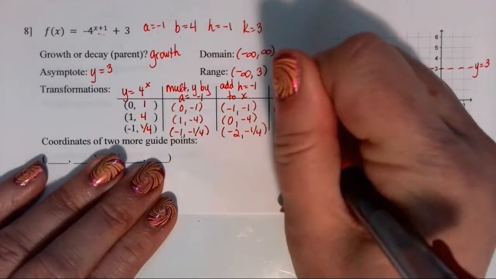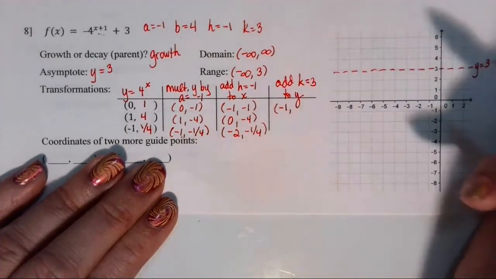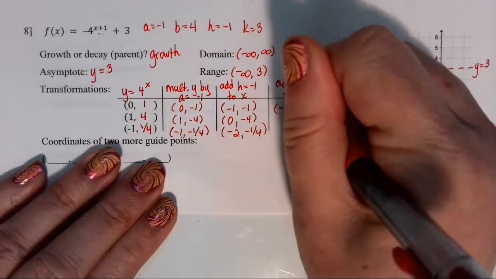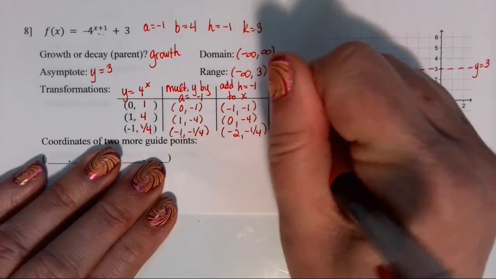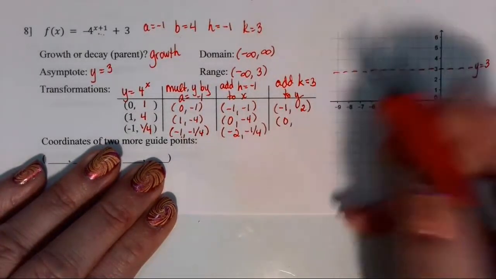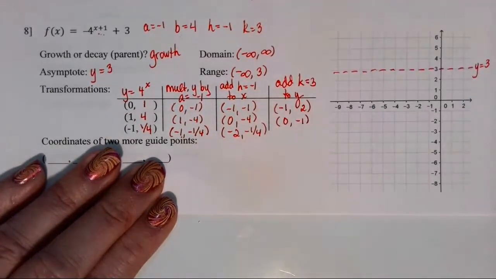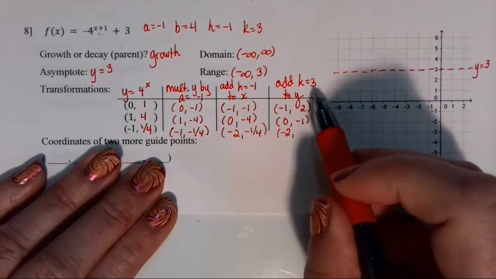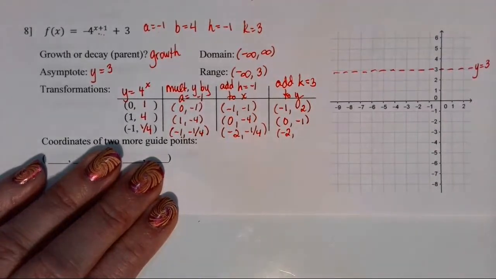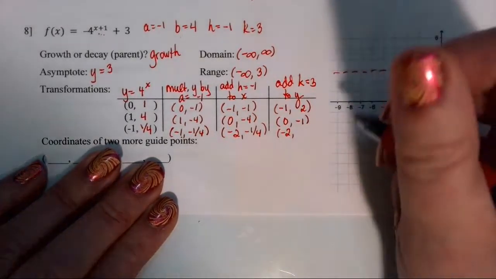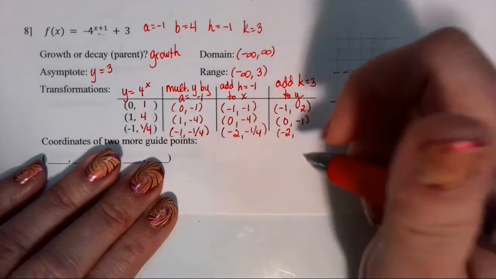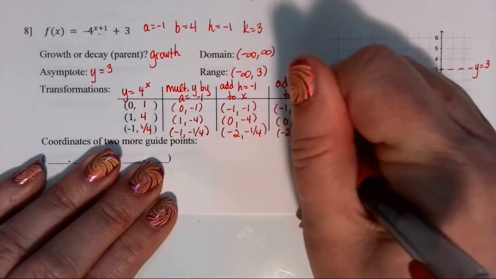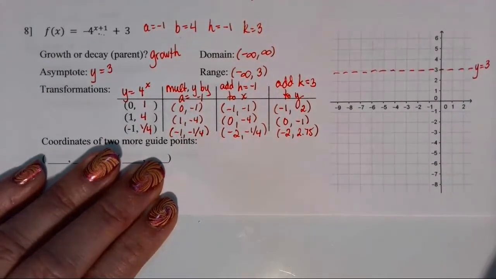So -1 stays the same, and then -1 plus 3 is a +2. The 0 stays the same, and -4 plus 3 is -1. And then -2 stays the same, and -1/4 plus 3 is 11/4, which would be 2.75.